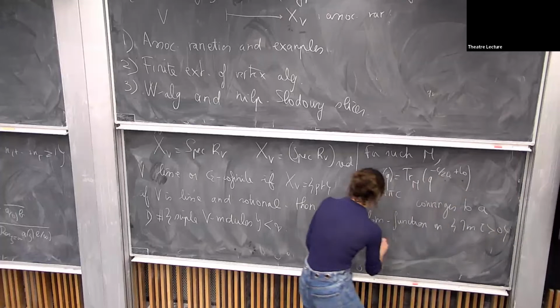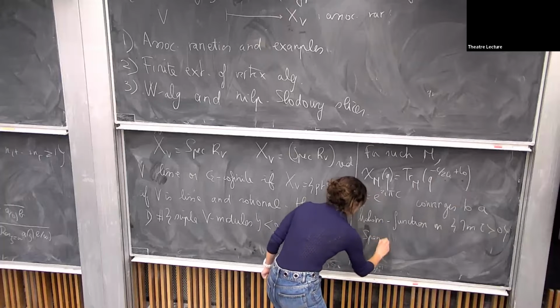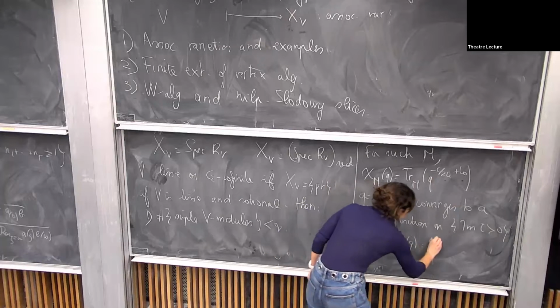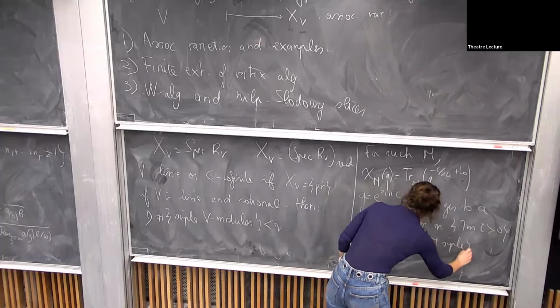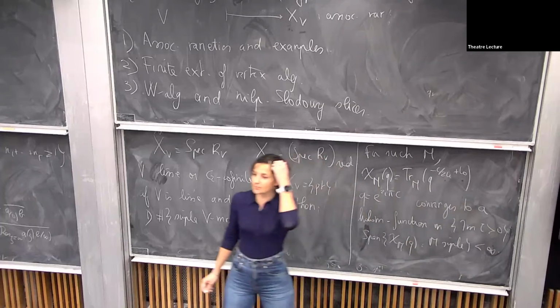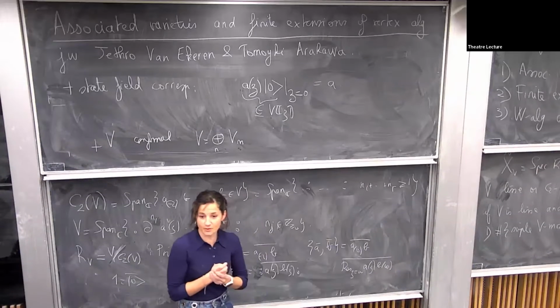And moreover, if you consider the vector space generated by all these characters, then this is finite dimensional. So this is an example of properties you get just by looking at the associated variety.